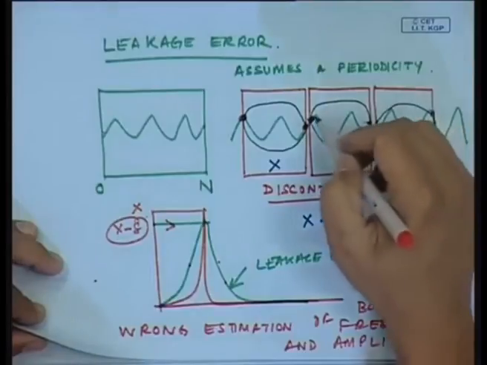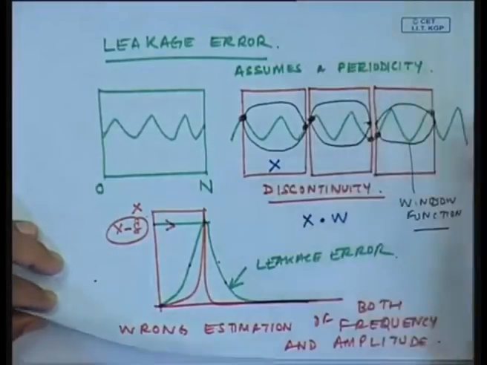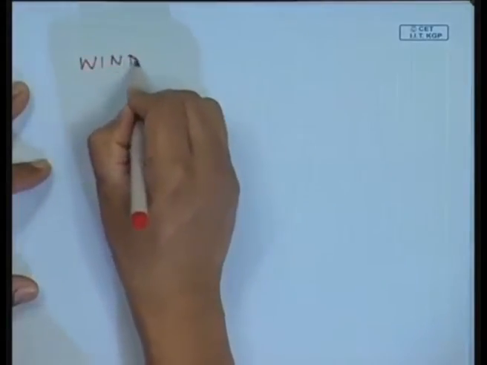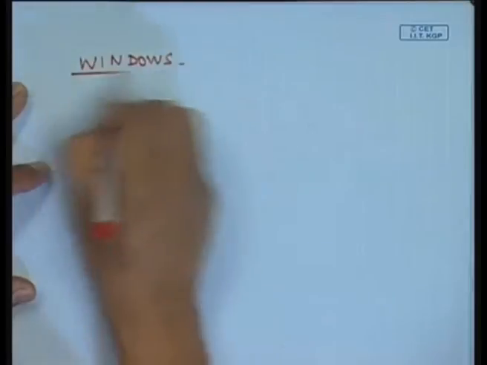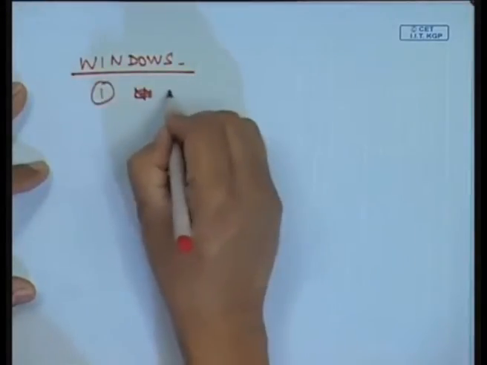So, we multiply with a windowing function to reduce this discontinuity, reduce the leakage, and get a better estimate. There are many such mathematical windowing functions, and I will write you the name of some of these mathematical functions. One is no window, or this is a rectangular window.